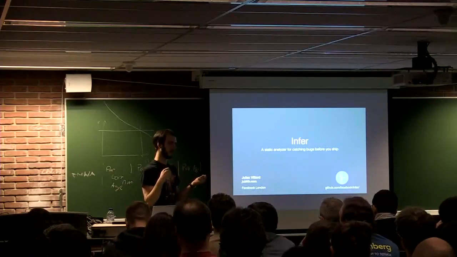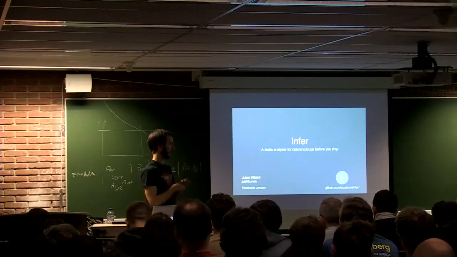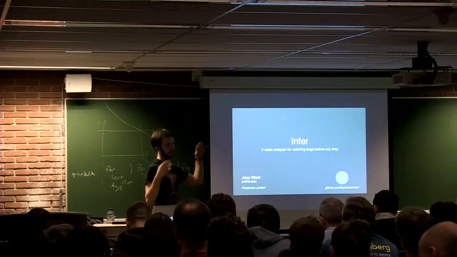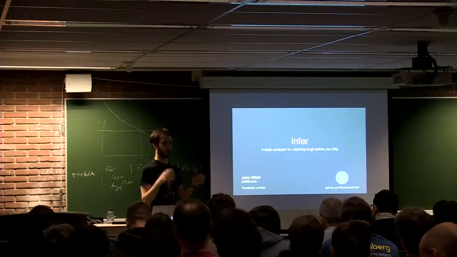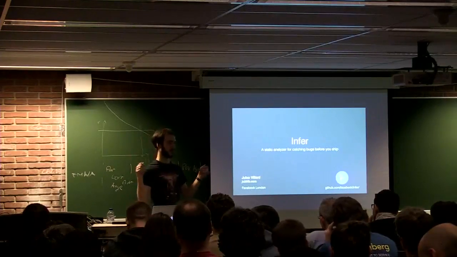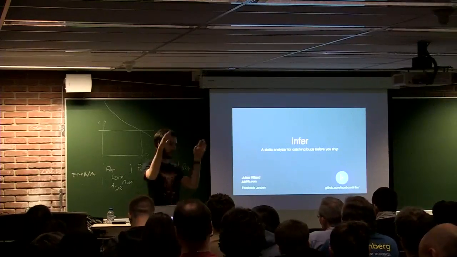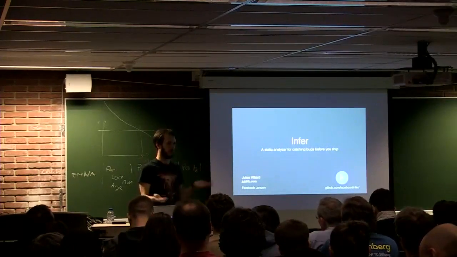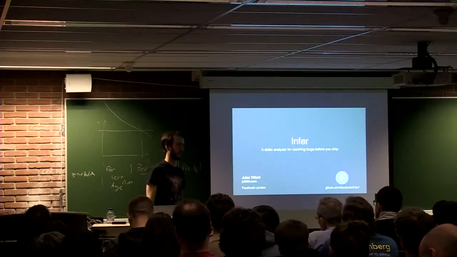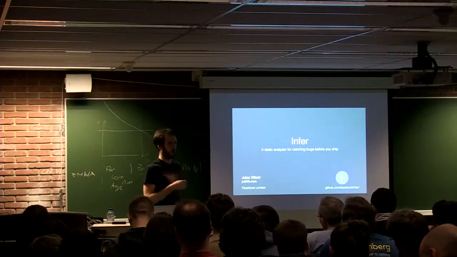The biggest hurdle we had to overcome was that the call graph is now dynamic. You cannot first compute the call graph of your whole project and start analyzing functions starting from the callees and going to the callers, because you don't know which one is calling which other one. And so the way we cope with that in Infer is we have an on-demand analysis.